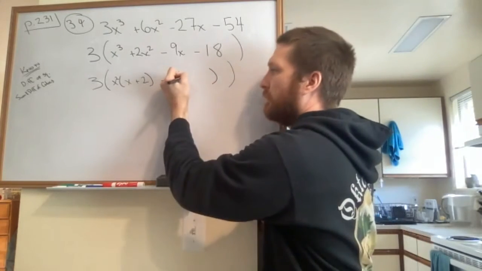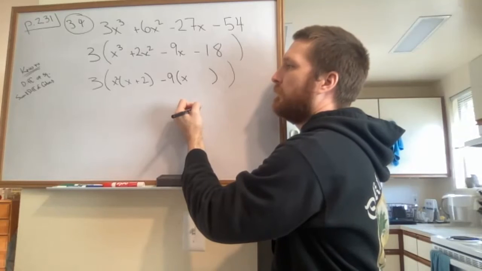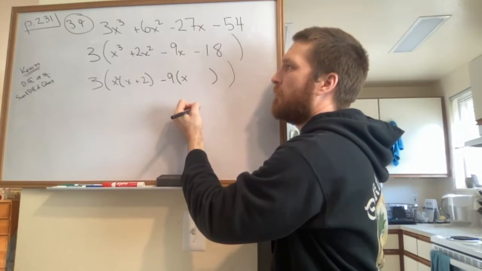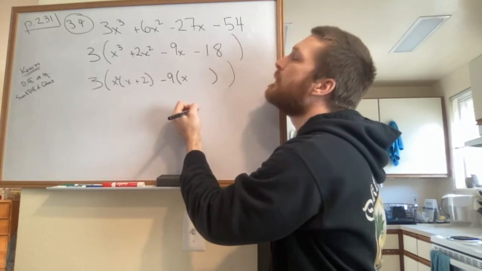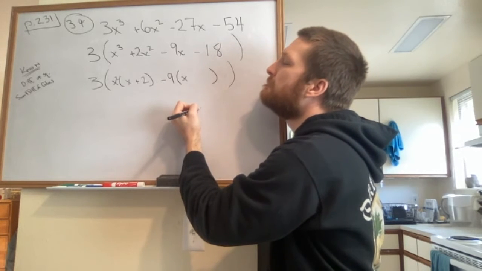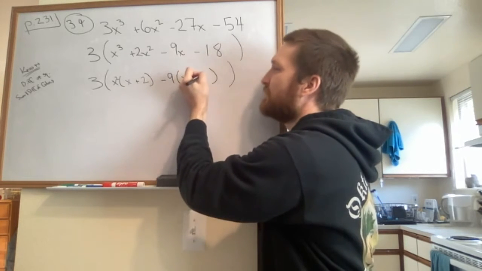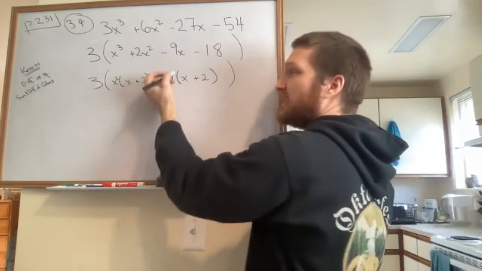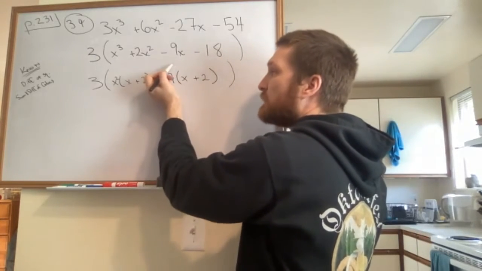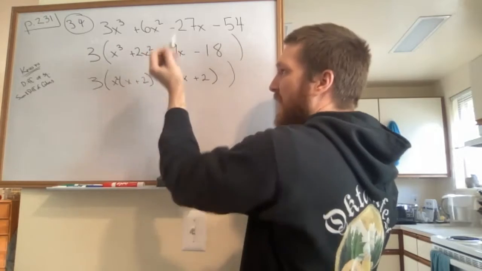X. No. Sorry. Plus 2. Plus 2. And then I'm going to double check it. Negative 9 jumps back in to give me a negative 9x.